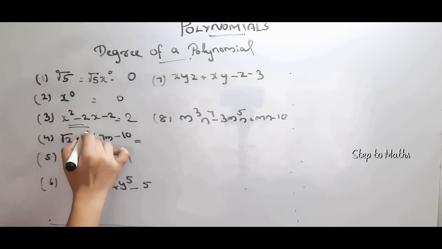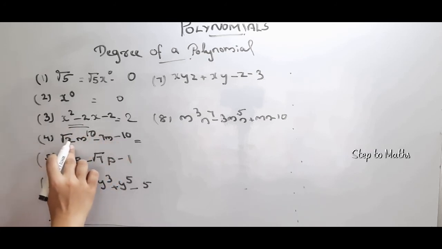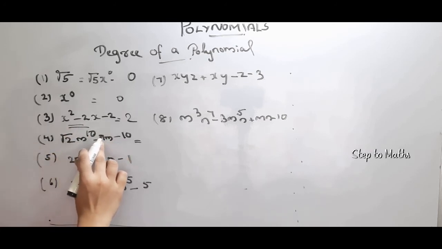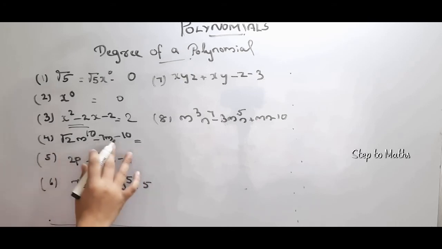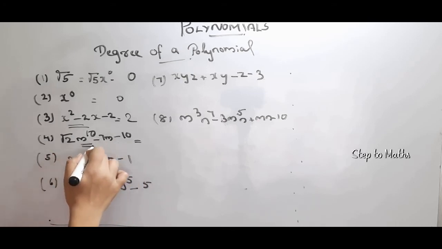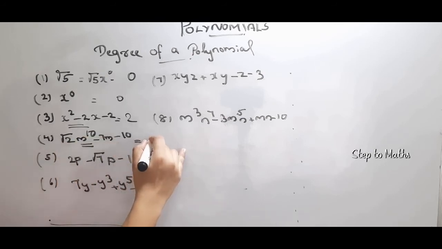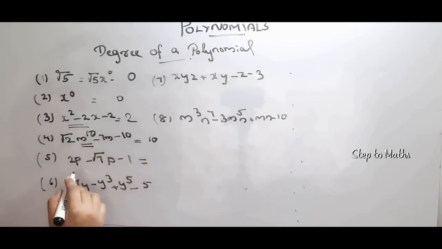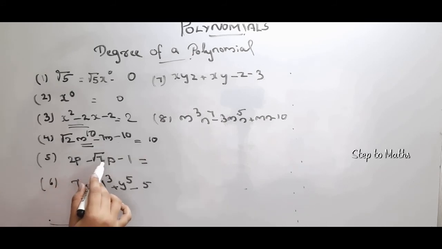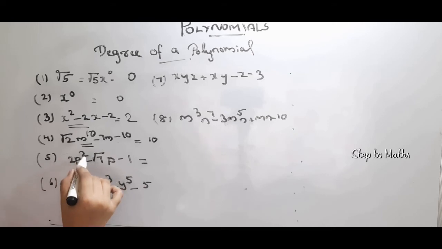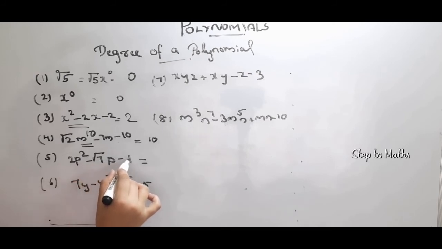Now consider the next polynomial, root 2 m raised to 10 minus 7m minus 10. It's clear, the highest power of m is 10. So the degree of this polynomial is 10. Next is 2p square minus root 7p minus 1.